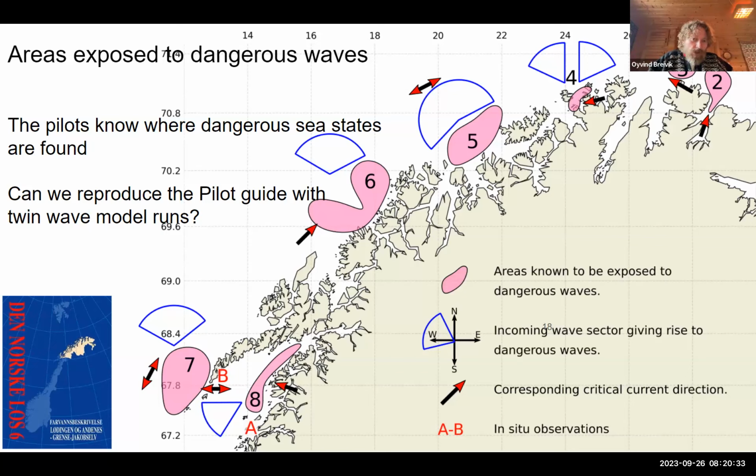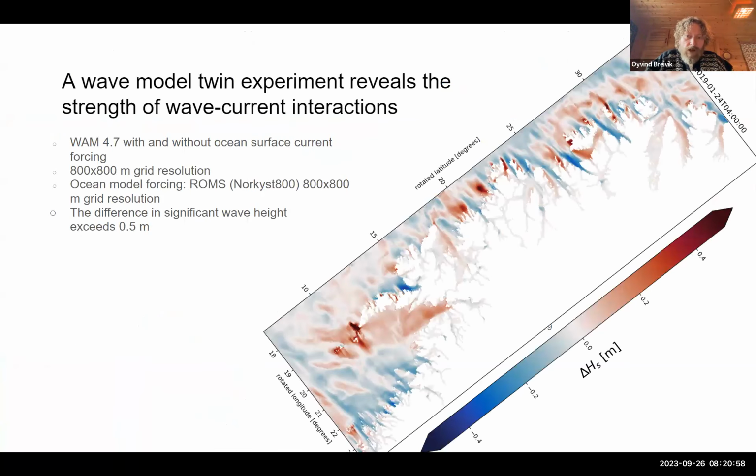So what we wanted to know, and without any in itself connection with the SEASTAR mission, but I'll show you the connection soon, is can we identify areas that we see as having a strong wave current interaction? And if we skip to the next slide, I'll give you an impression of how we did that.